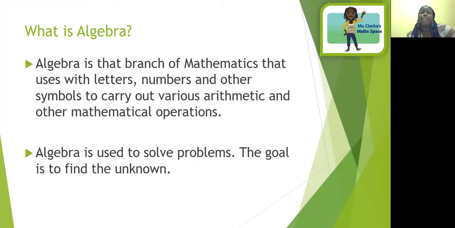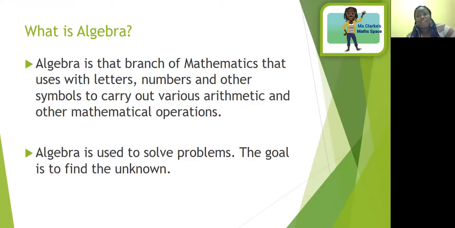The main premise of algebra is to solve problems, whether it's in our textbooks, whether it's what I give you, or whether it's being able to apply it in real life to help solve problems.